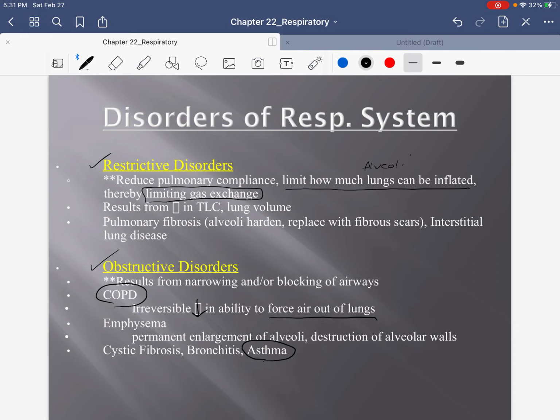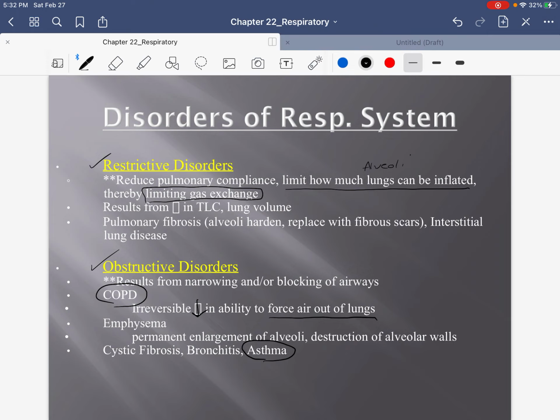When you see pulmonary compliance, compliance means the ability for something, in this case the alveoli, to fill with air and then recoil a bit. They're responsive to that. They're compliant.